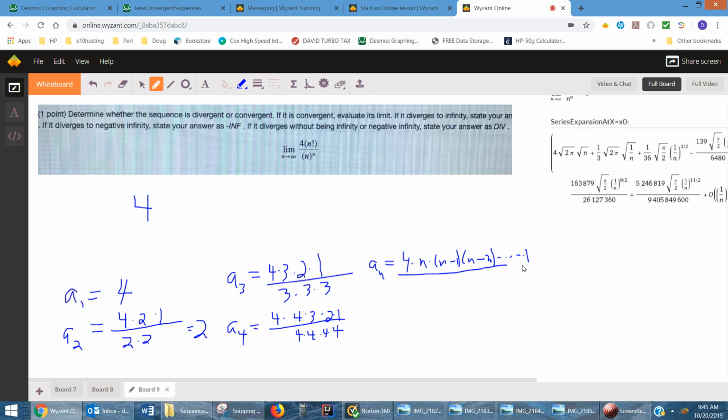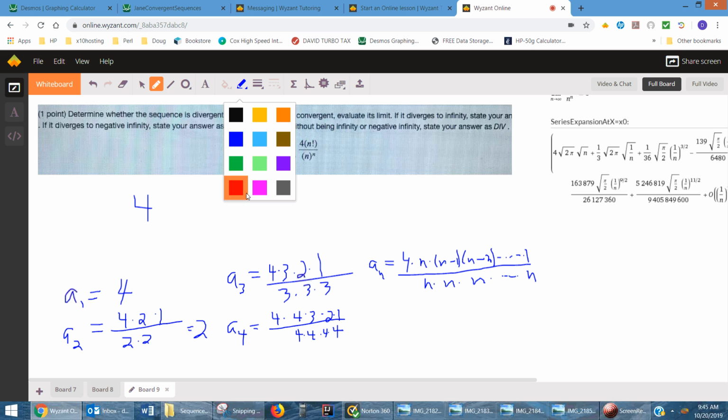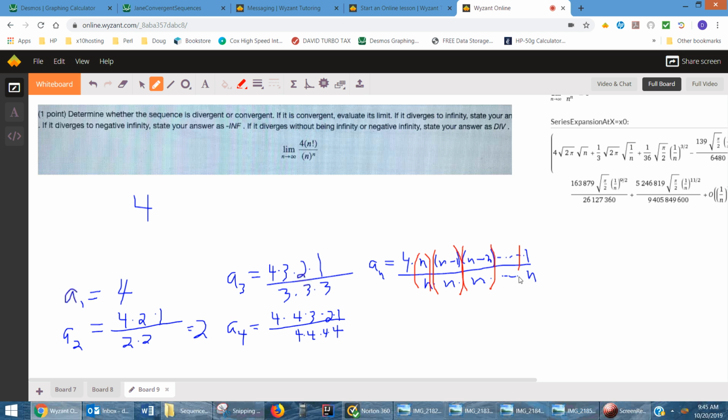And in the denominator, I'll have n times n times n times n. And if you picture these fractions right here, what happens as n approaches infinity?